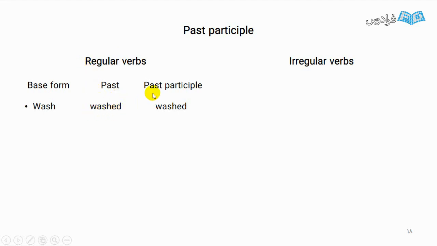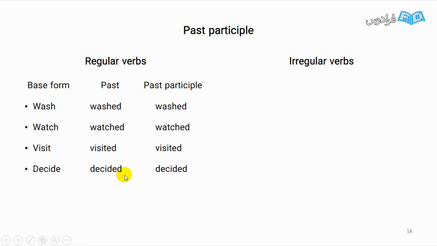And what about the past participle or third part? Again, it's enough to add ed at the end. Watch, watched, watched. Visit, visited, visited. Decide, decided, decided. Call, called, called. Want, wanted, wanted.